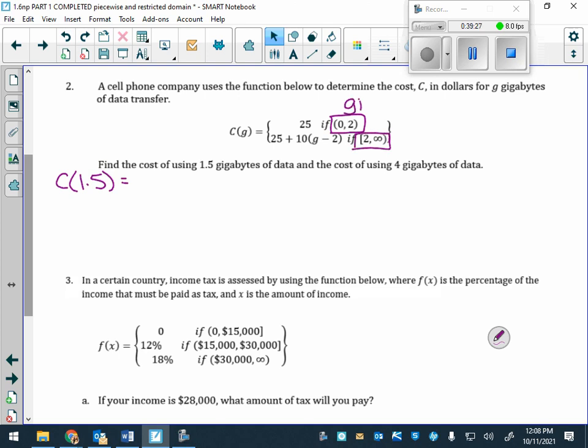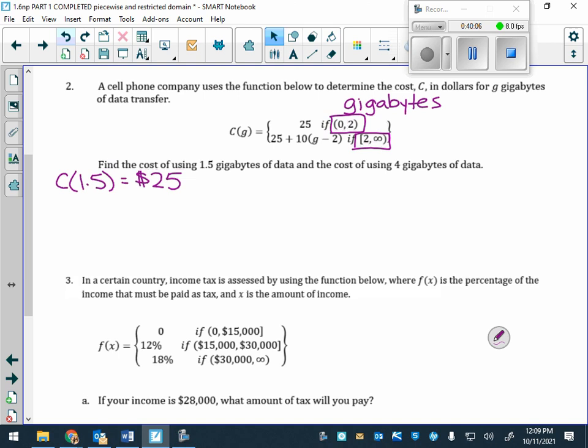This is the gigabytes. So 1.5 fits into what domain, the first or the second? It's pretty much the same thing as evaluating, but now we're looking at a word problem. So for 1.5 gigabytes, it will cost $25, since the domain is between 0 and 2.